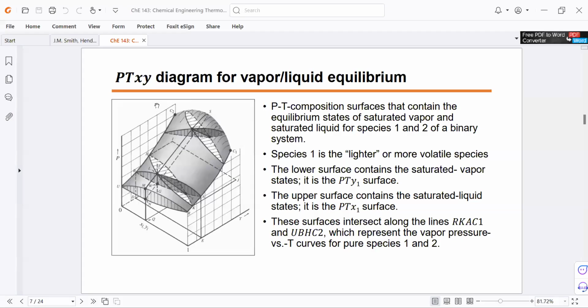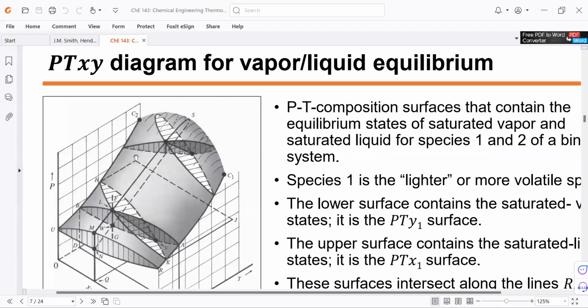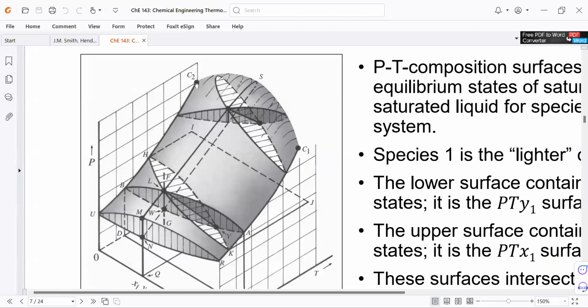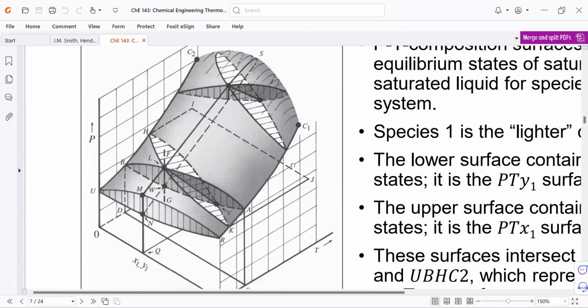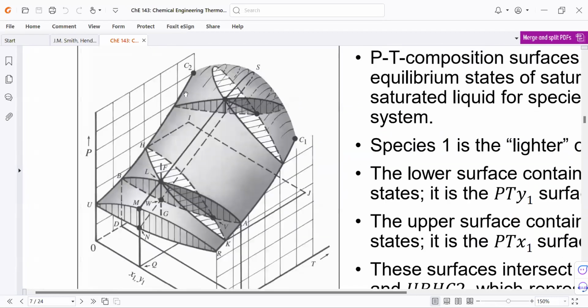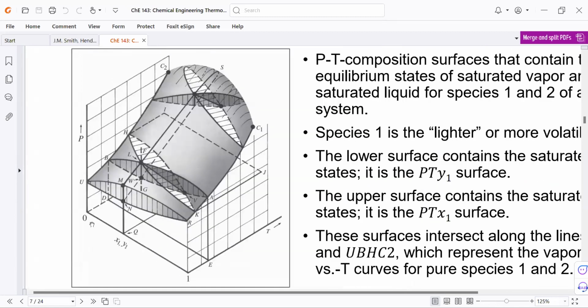What else can we observe from this 3D diagram? As you can see here, there's a point C2 and C1. What does it represent? It represents the critical points. C1 is the critical point for pure species 1. And C2, this point where x1 is 0, is the critical point for pure species 2.